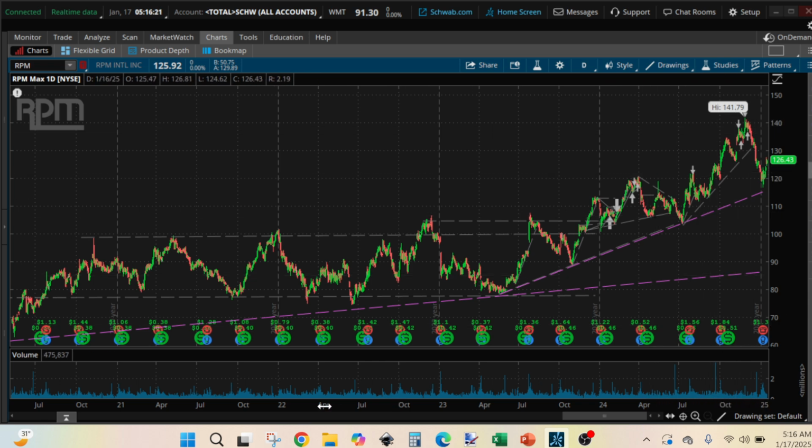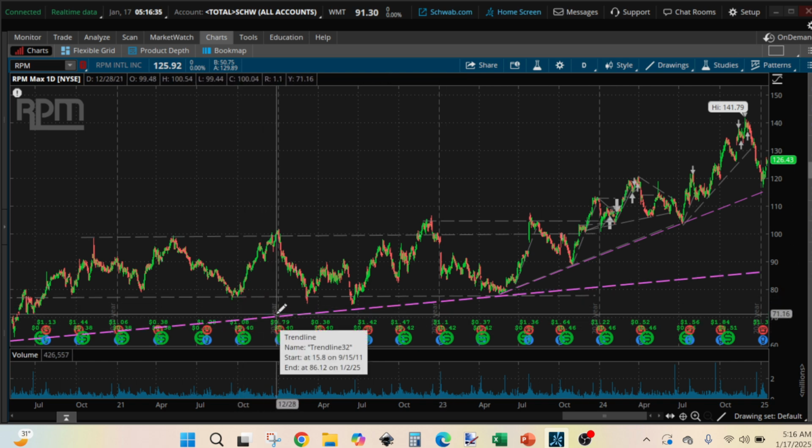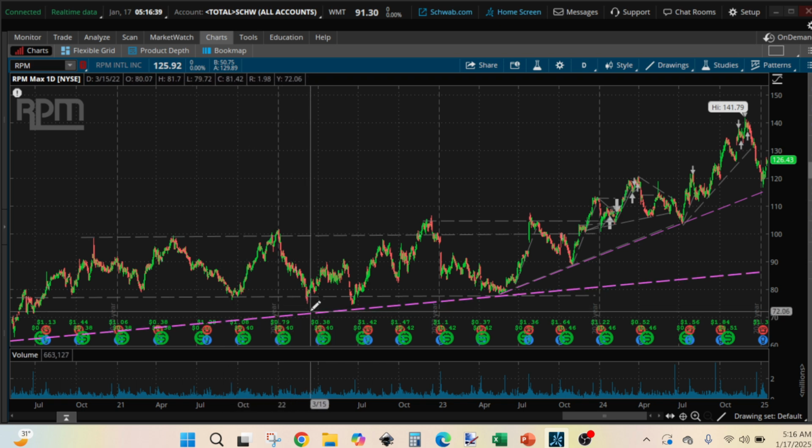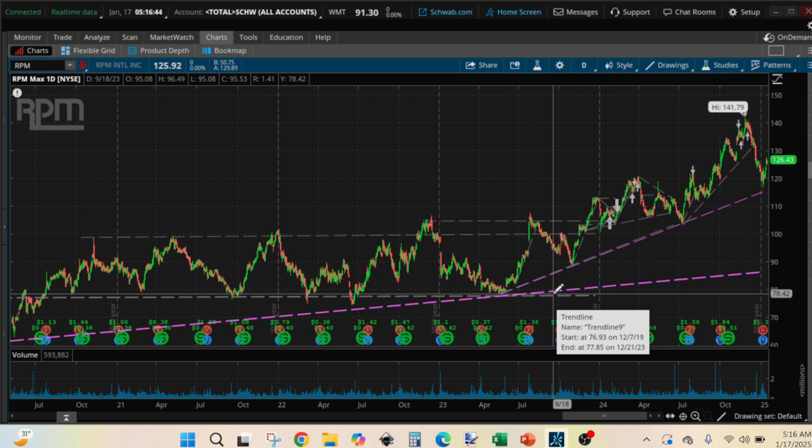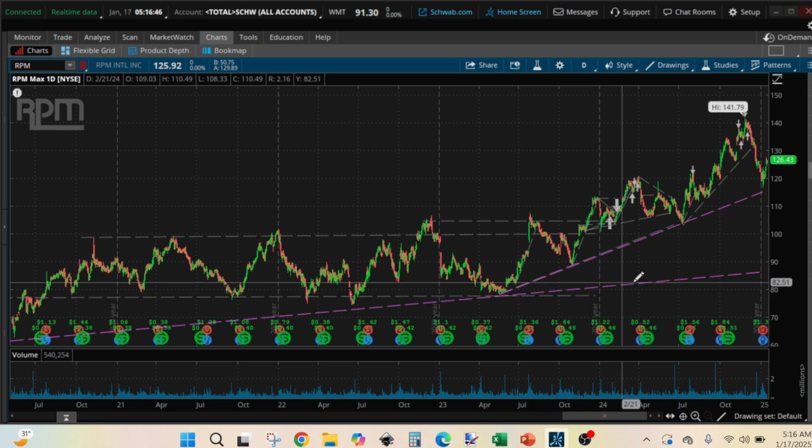On the x-axis we have the dates, that's where you'll see the years, and on the y-axis you'll have the price. And we have a video on the stock watch list that we have been releasing that shows how we pick the stocks for our watch list and how we trace those trend lines.